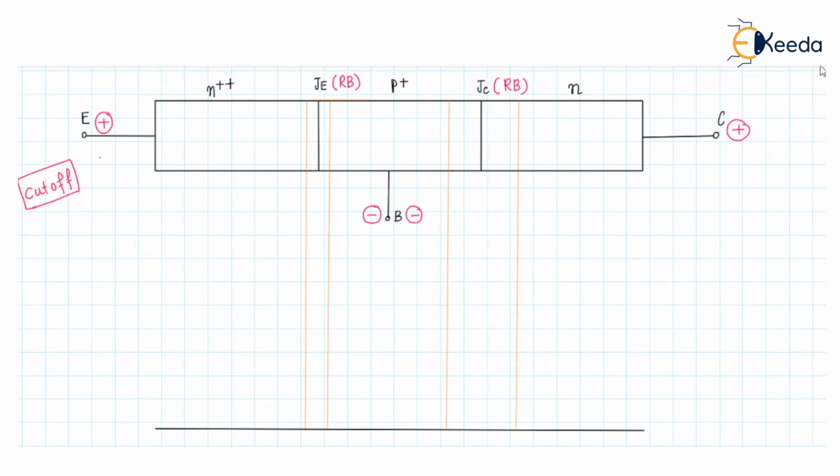So when the JE and JC are reverse biased, the depletion region will increase. Let us draw the depletion region like this. This is the depletion region WD at the JE junction, which has increased because the JE junction has been reverse biased.